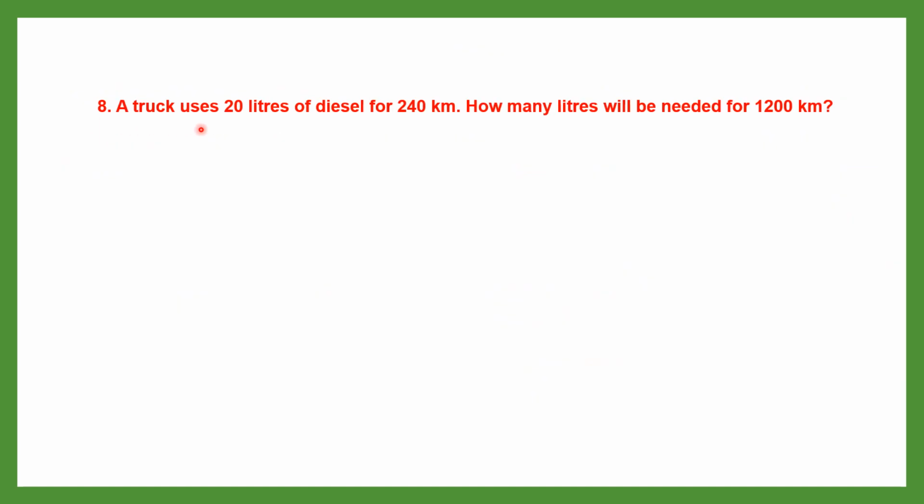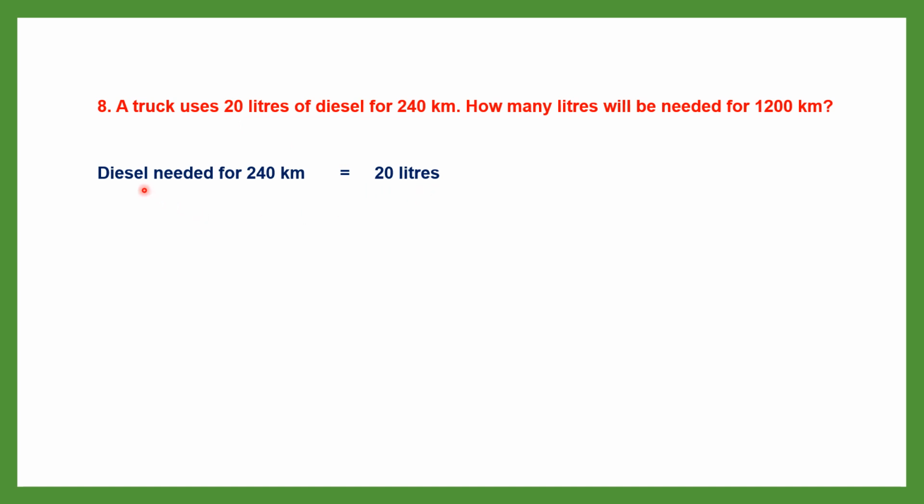Question 8. A truck uses 20 liters of diesel for 240 kilometers. How many liters will be needed for 1200 kilometers? So we need to start by saying the liters of diesel needed for 240 kilometers. This is given to us in the question. Diesel needed for 240 kilometers is 20 liters.